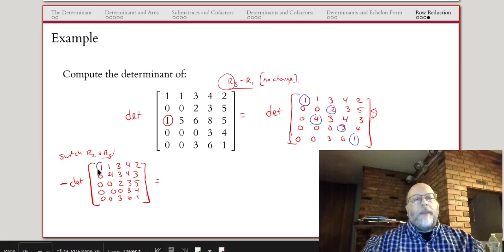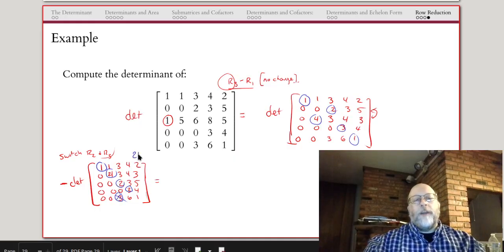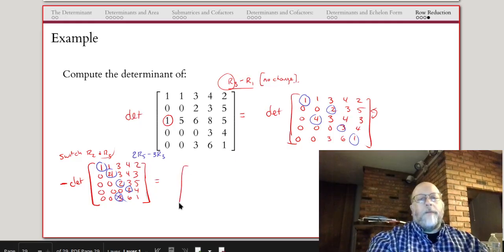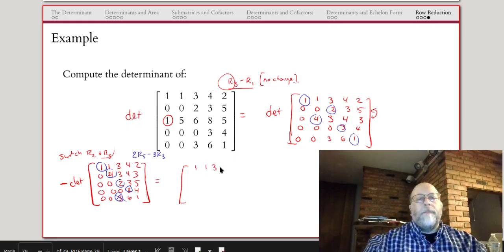So now these are my leading entries, 1, 4, 2, 3, and 3. I want to get rid of this 3. So I'm going to do this linear combination, 2 times row 5 minus 3 times row 3. And let's see what happens when we do that. So the top row stays the same.